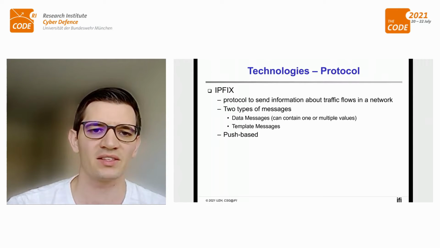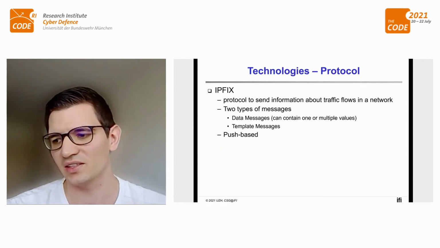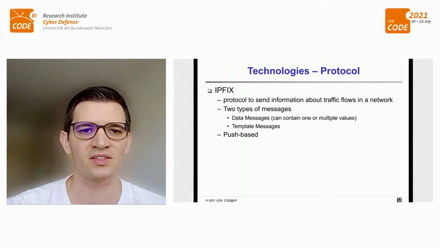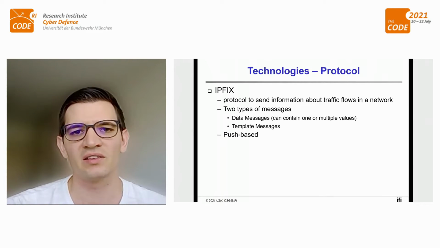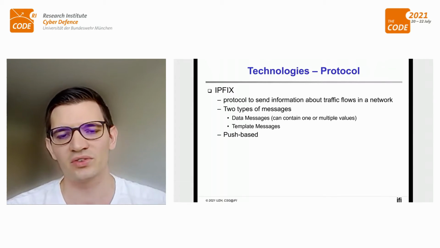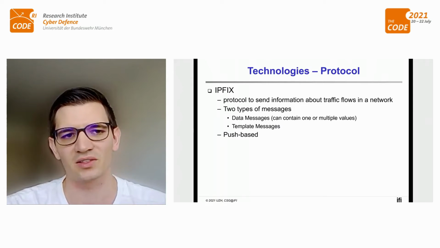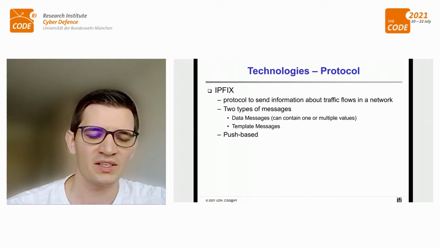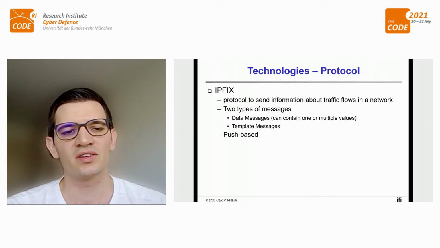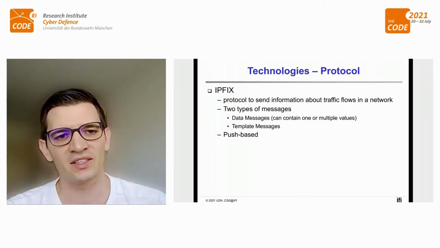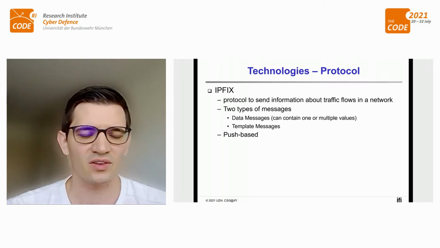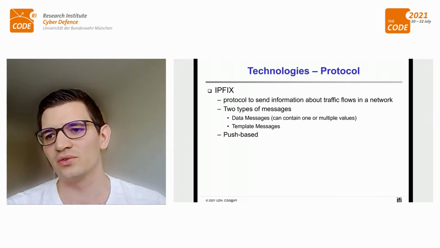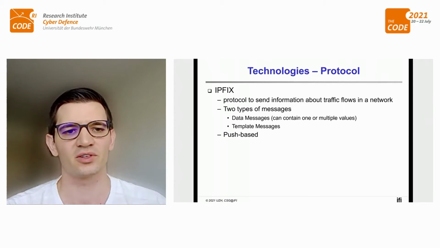And the template messages contain the metadata for the data messages. So for example, if a value is a temperature reading or something else. IPFIX is push-based, which means that senders send their data when they are ready, and there is no way for a receiver to request the data from the senders.